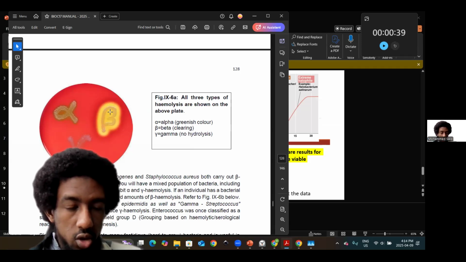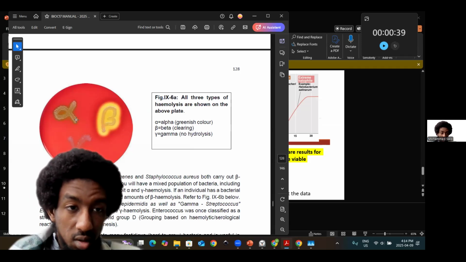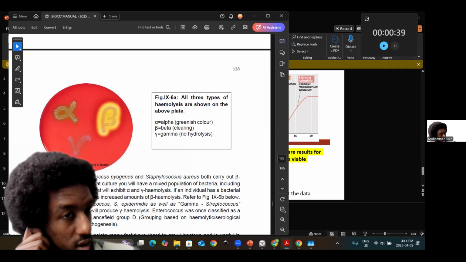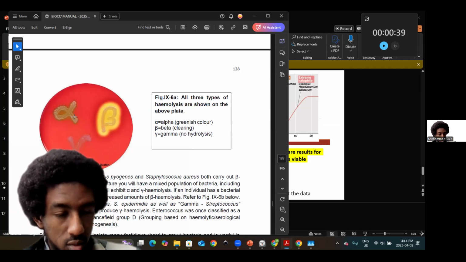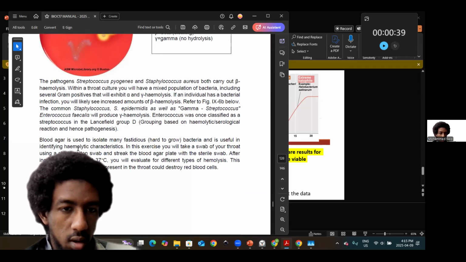Beta hemolysis shows a clearing, and then alpha has a greenish hue, which you can understand from the hemoglobin being released with alpha hemolysis, and then gamma is a non-clearing, essentially non-hemolysis.